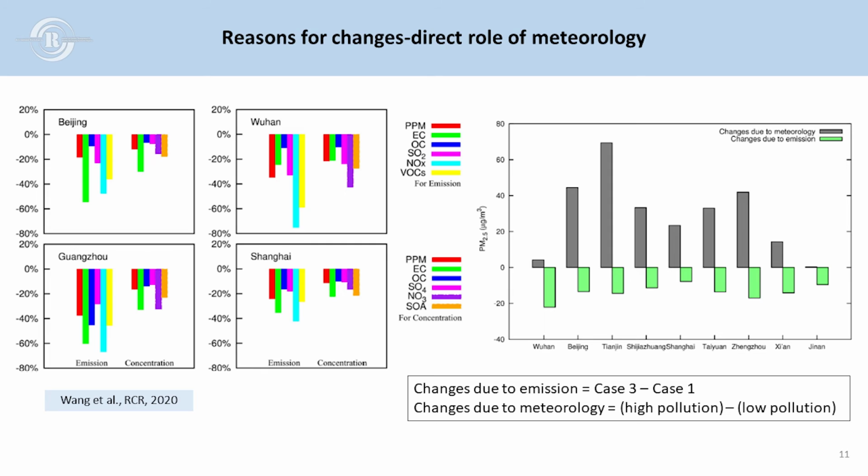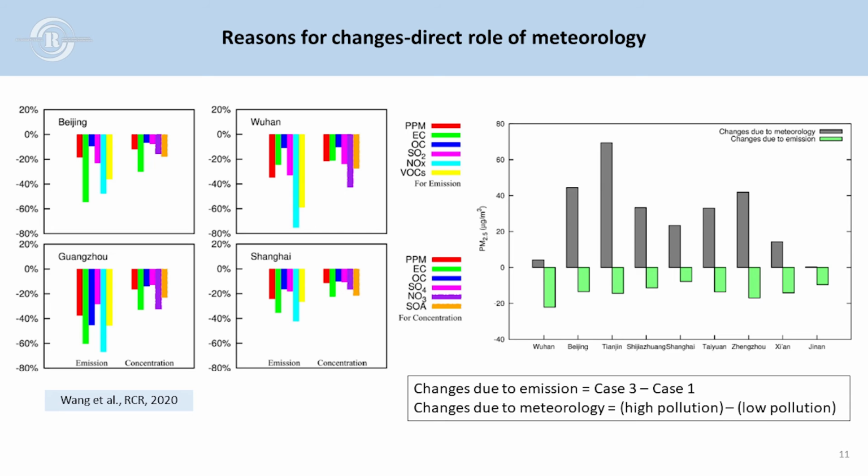reason. However, we should also look at other factors, like I mentioned in the first few slides. So here we separate the roles of the meteorology and the emission changes. Here we show the direct role of the meteorology. Because the meteorological conditions change, the emission change does not always result in the same changes in the concentrations.